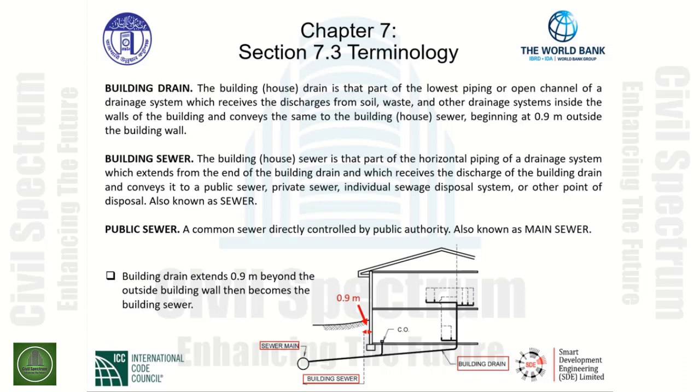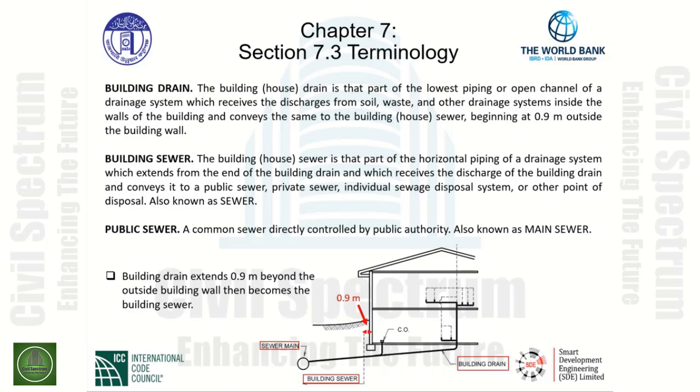It is defined as that part of the lowest piping or open channel of a drainage system, which receives the discharges from soil, waste, and other drainage systems inside the walls of the building and conveys the same to the building sewer, beginning at 0.9 meters outside of the building wall.